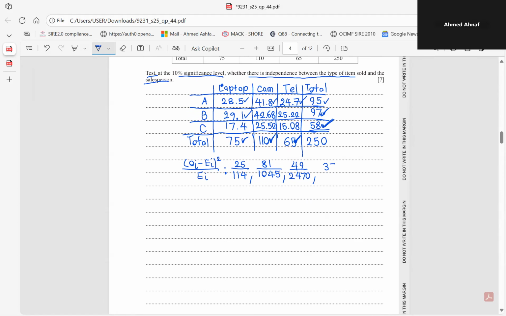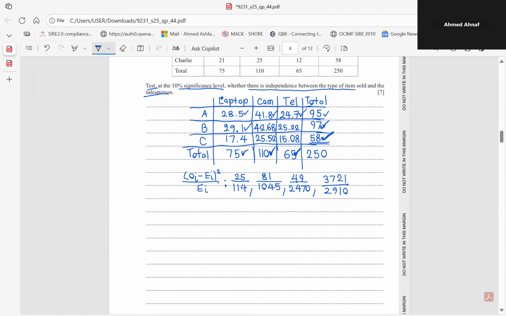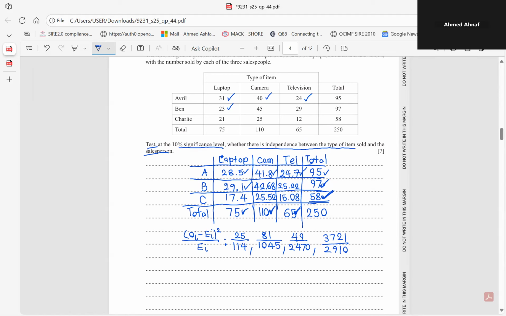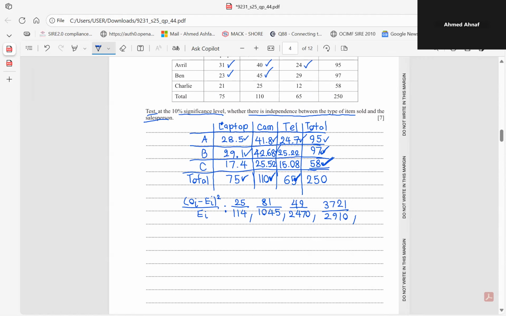You get 3721 over 2910. And then observed is 45 and expected is 42.68, so you get 45 minus 42.68 squared over 42.68.